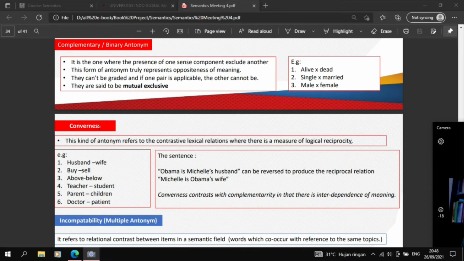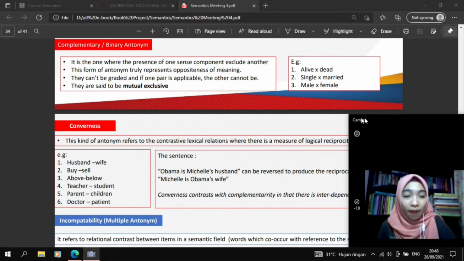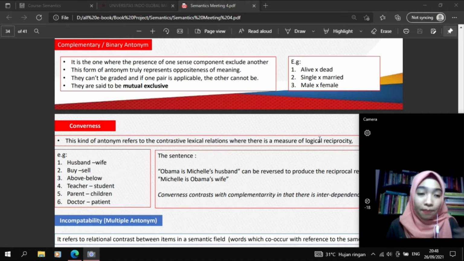So converseness here means that you can reverse the words to produce the reciprocal relation. So if I say, I buy my camera from Joe, then Joe sells the camera to me, right? So there you can reverse the two words that you say as antonym.